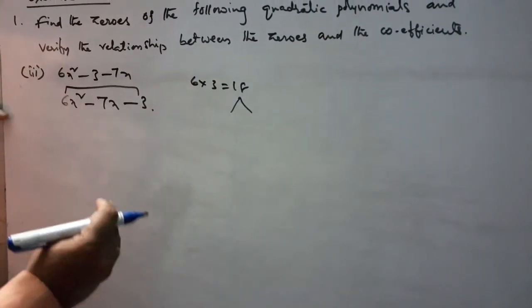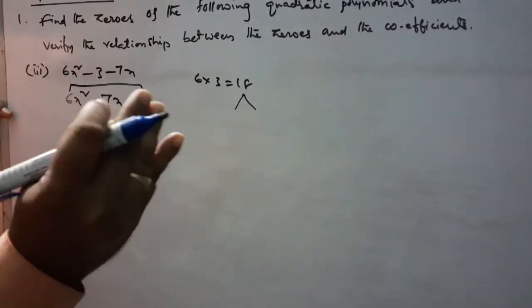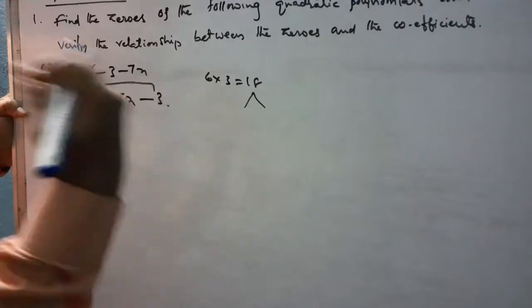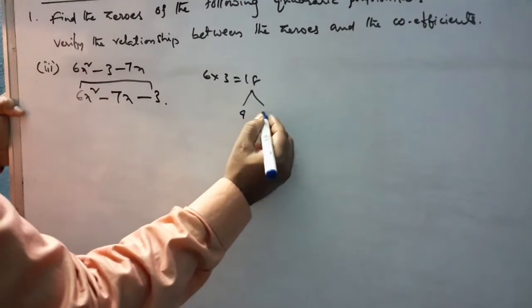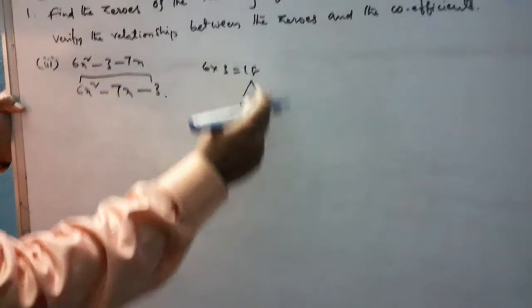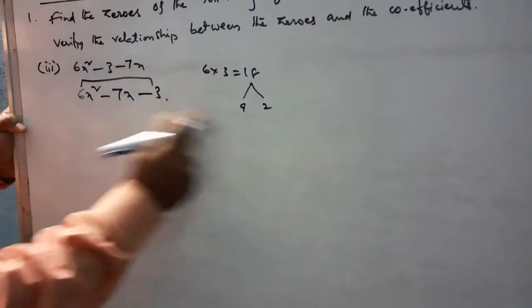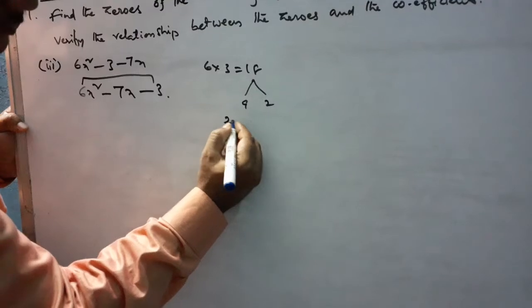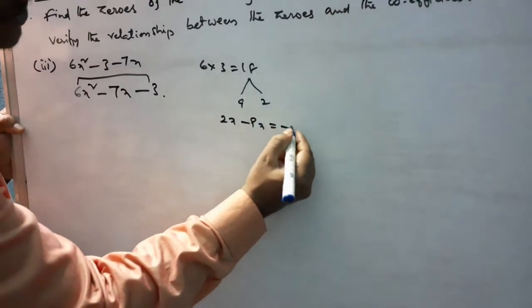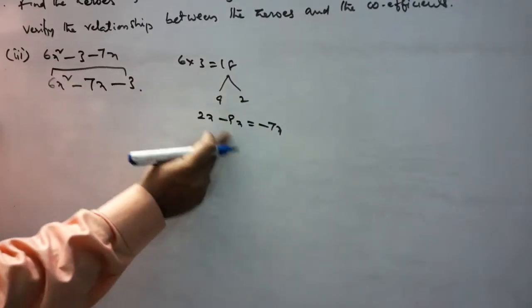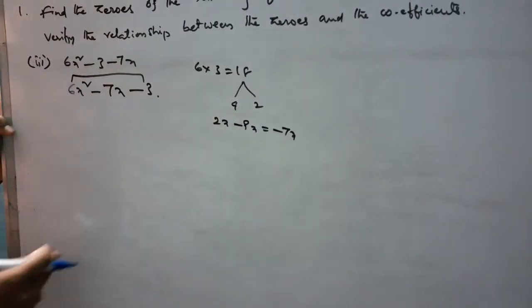The factors of 18 are 1, 2, 3, 6, 9, 18. From that I am taking 9 and 2. 9 twos are 18. 9 minus 2 we will get 7. Here minus 7x, so we have to take 2x minus 9x is equal to minus 7x. So minus 7x we can split into 2x minus 9x.